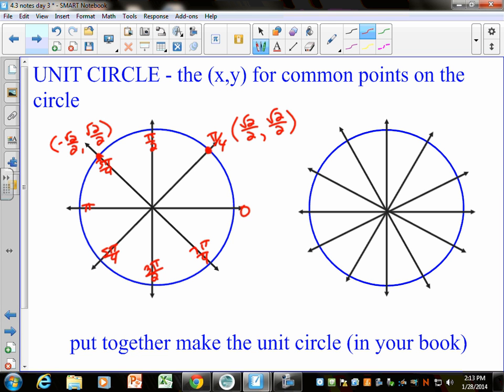And so that's where the reference triangles kind of bleed over into the unit circle. Because are all of these points going to kind of be set up with the same triangle if we were drawing a triangle in? Which means all of them are the same distance, it's just changing the signs. So in quadrant 3, it's still going to be these two numbers, but in quadrant 3, X and Y are negative. So that's negative square root of 2 over 2, negative square root of 2 over 2.